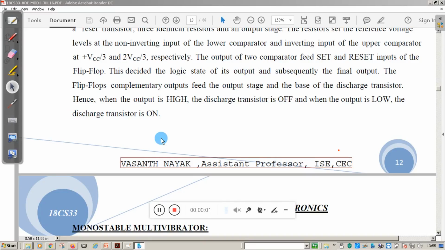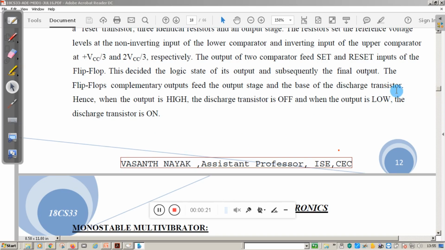Hello students, welcome to one more session of analog and digital electronics. In the last session we discussed various components or parameters of the operational amplifier circuit. We discussed what an operational amplifier is and the different parameters of an operational amplifier circuit.